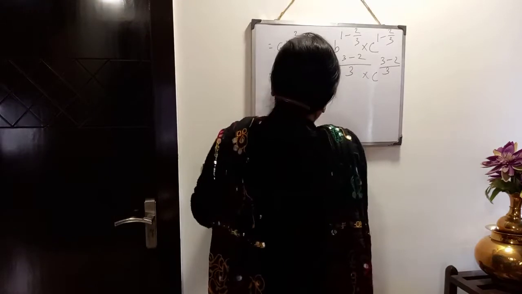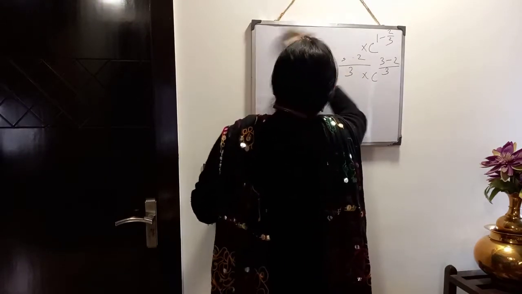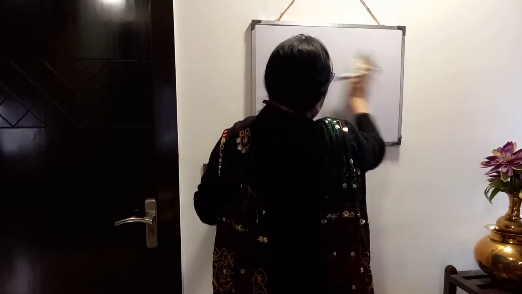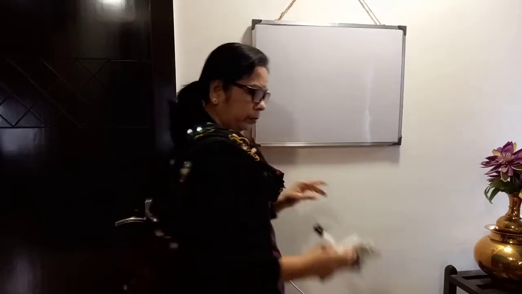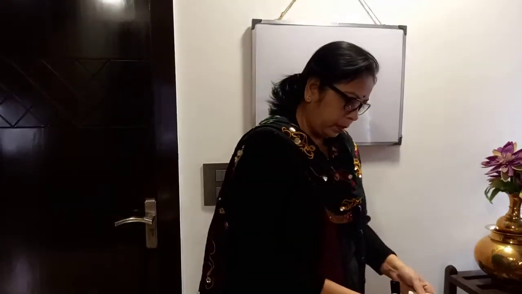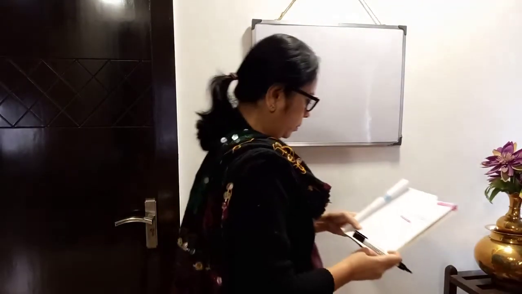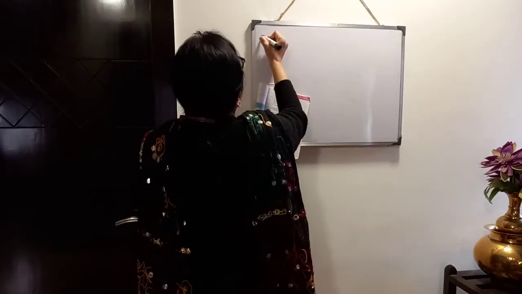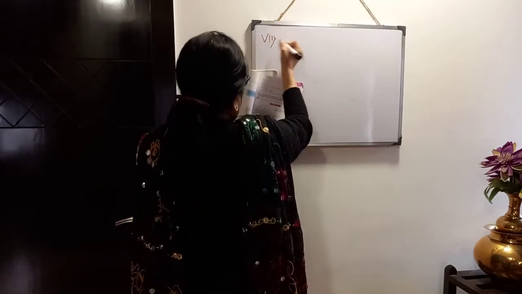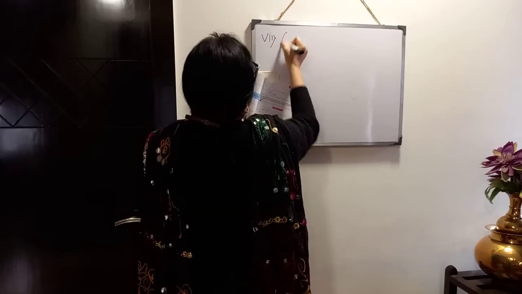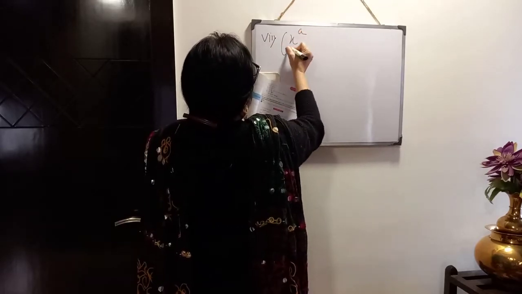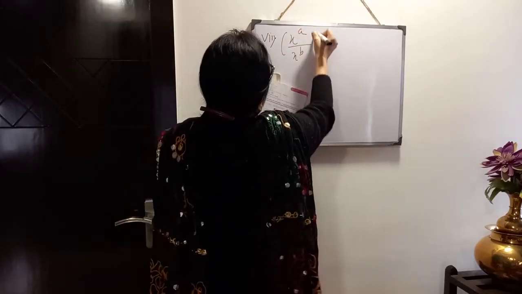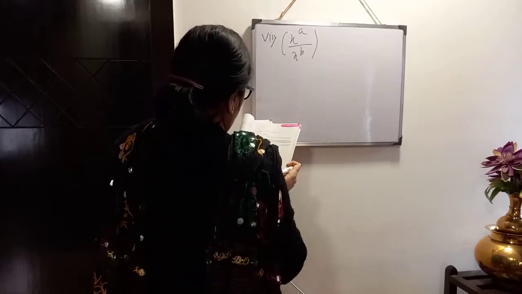Next. Number 7. x to the power a by x to the power b, to the power a square plus ab plus b square. This may come in MCQ part.